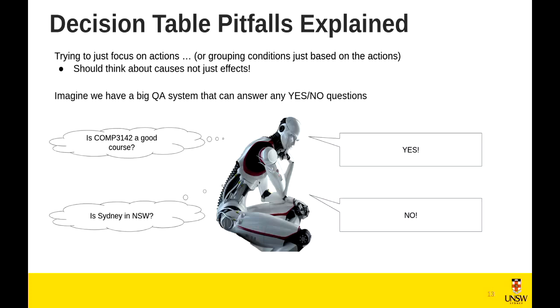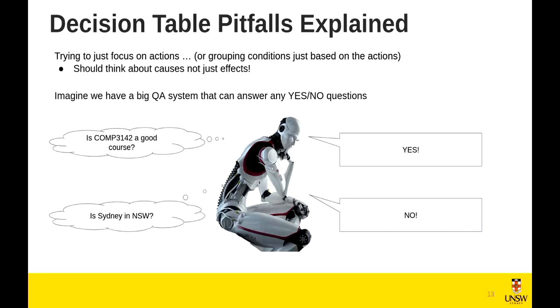Definitely not, right? We cannot have only two rules for this complex system, because we need to generate test cases according to the rules. We can't simply do the rule grouping just according to the final output.